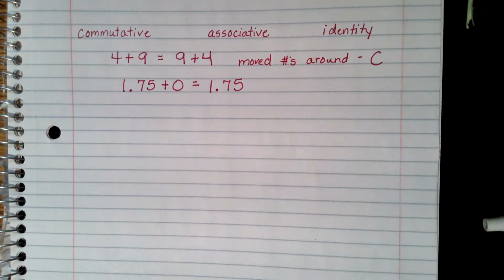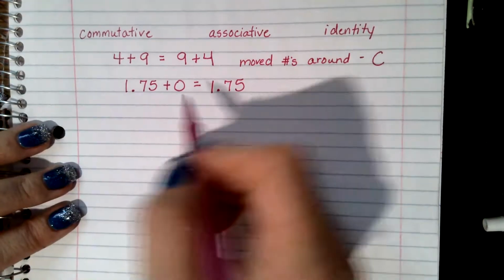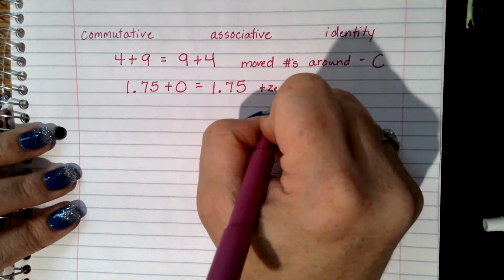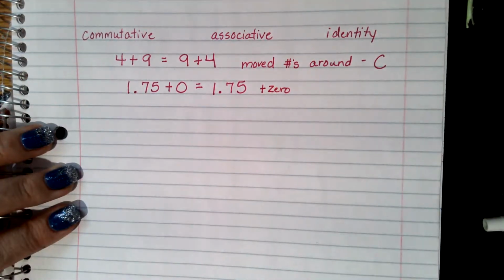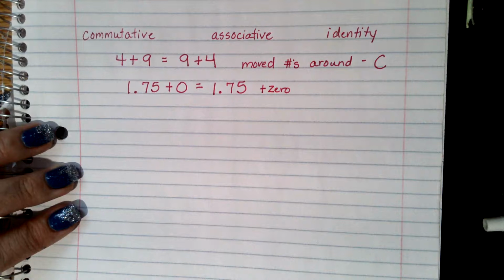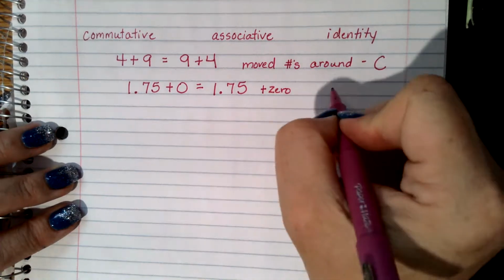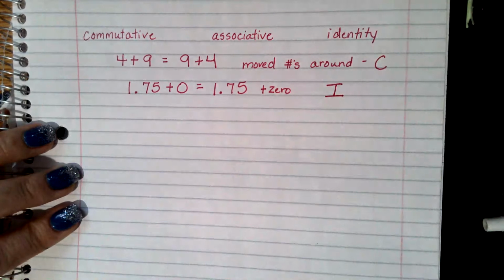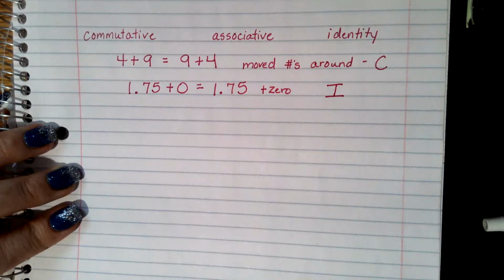Well, if we're looking at this, we know that we added 0. So we know that anytime we add 0 to a number, all you're going to get is the number itself. So this is going to be the identity property. The identity property. So now let's look at the next one.